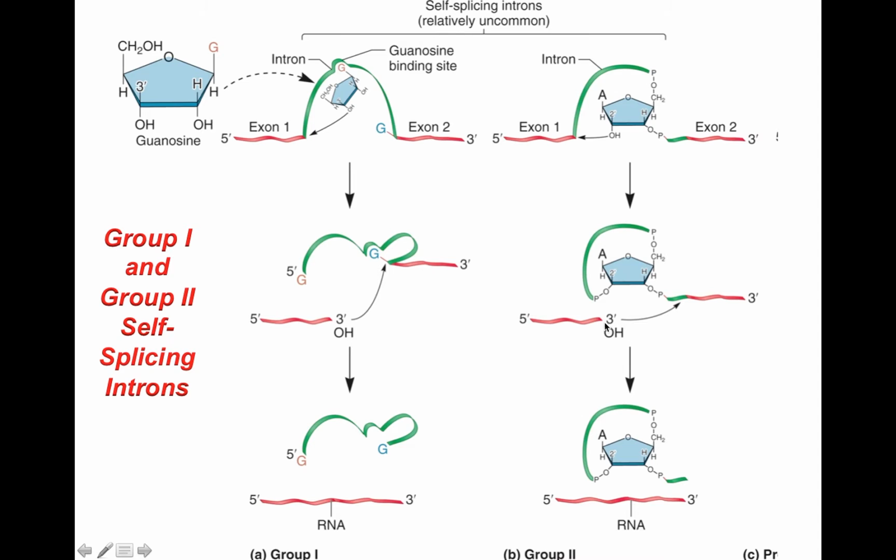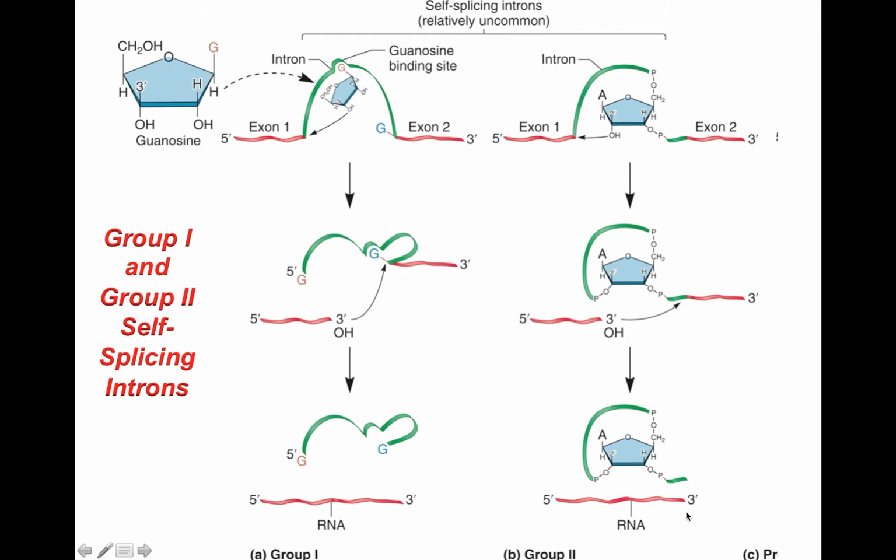This free 3' hydroxyl now attacks the 3' splice site of the intron and releases this lariat structure that has a circular portion and a linear portion. And the 2 exons of the messenger RNA are now contiguous and can direct the synthesis of a protein when it binds to a ribosome out in the cytoplasm.